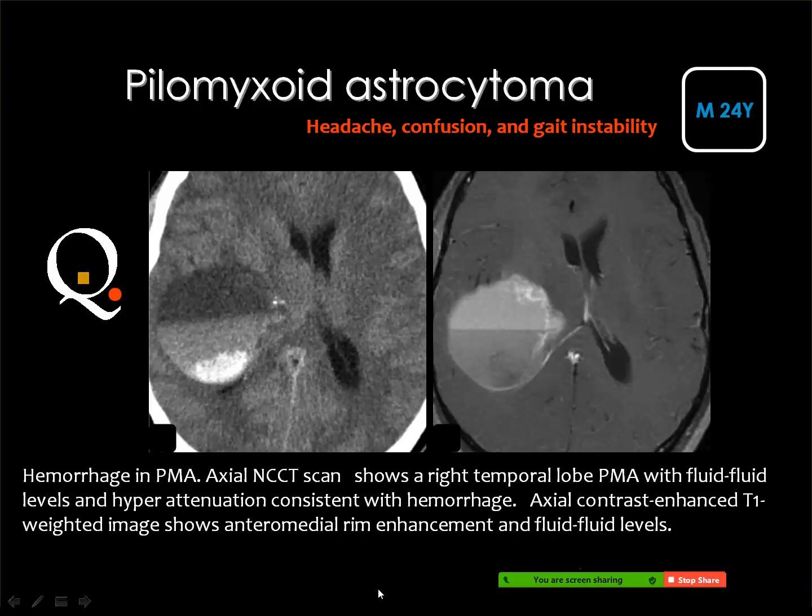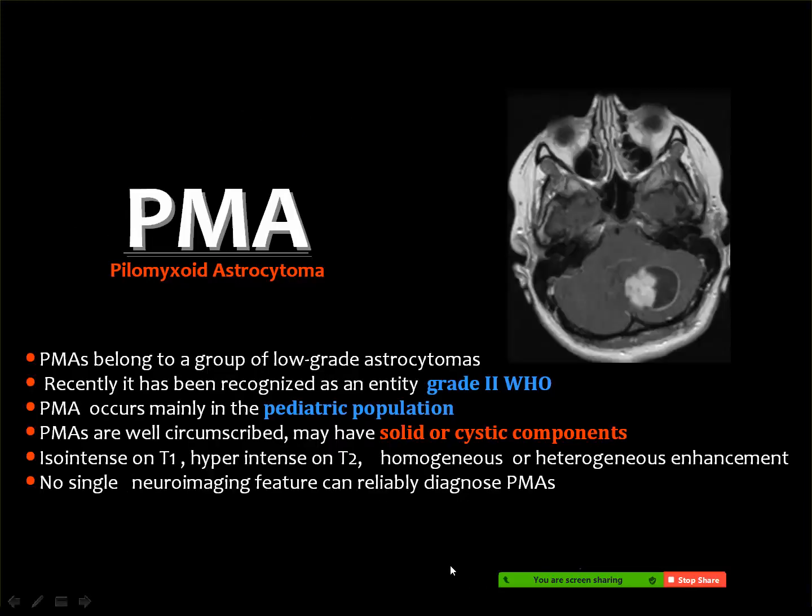Actually, you cannot reach this diagnosis by any means. Then why did I present this case? In order to let you know that there is a new tumor which is known as myxoid astrocytoma.